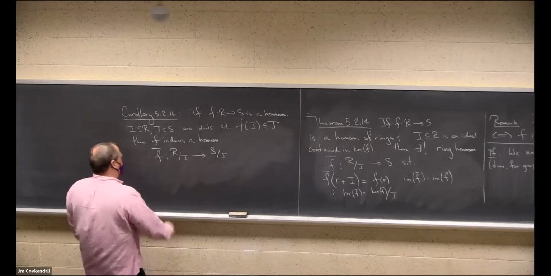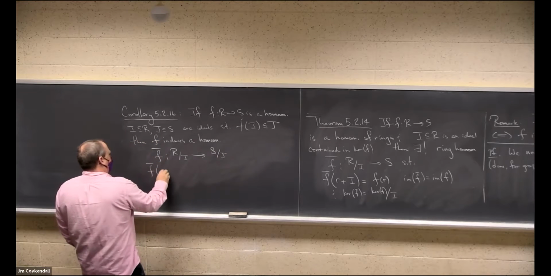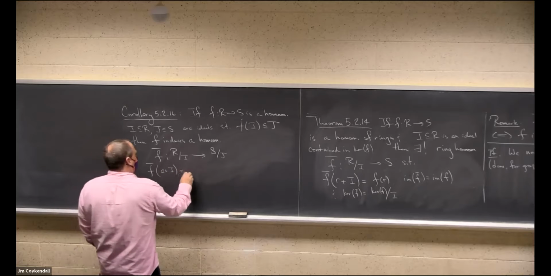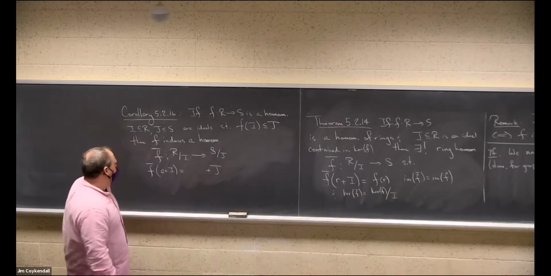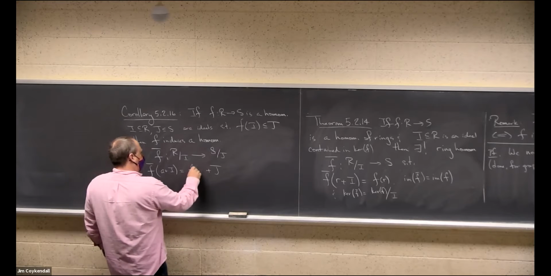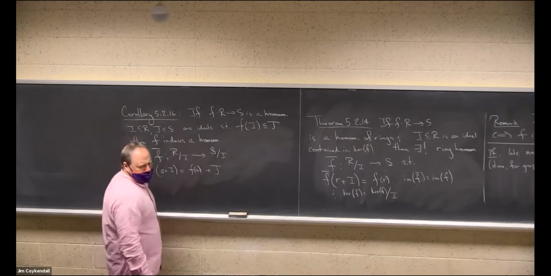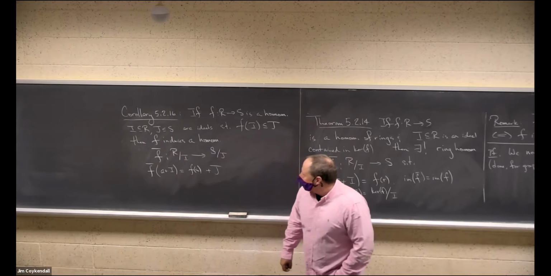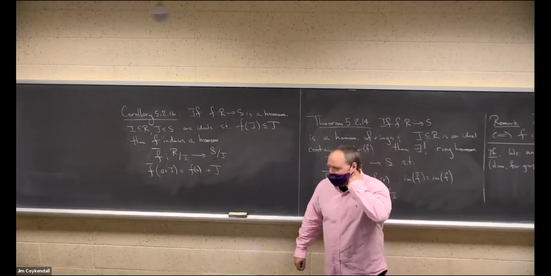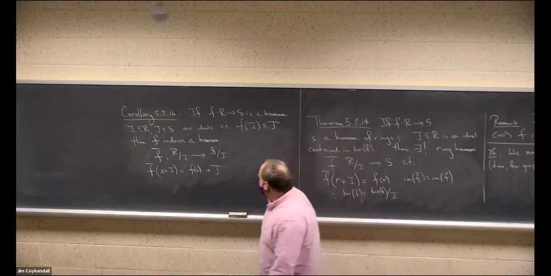It's induced this way: F bar of A plus I, you want this to give out a coset over here, F of A plus J. This is the same as the group theory stuff again.